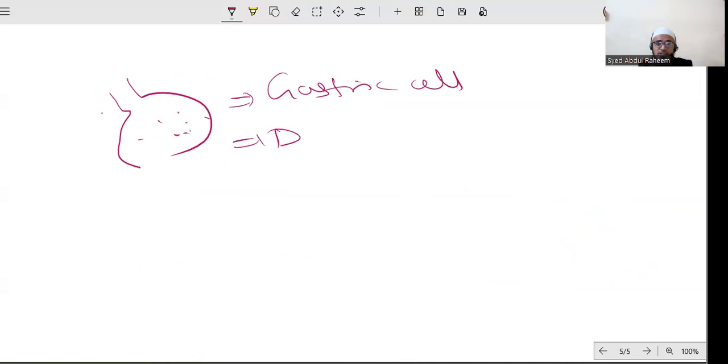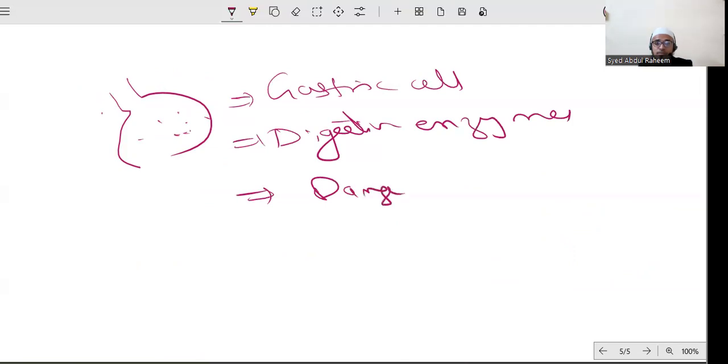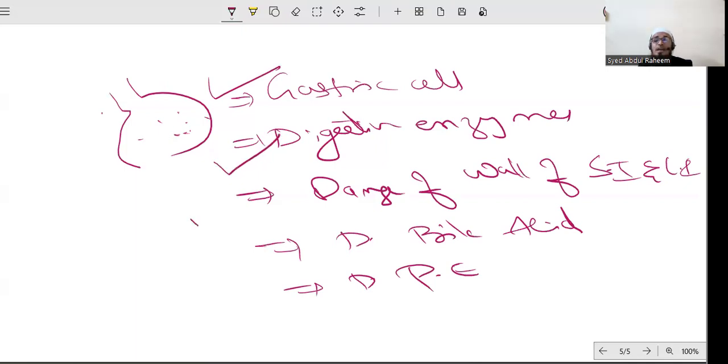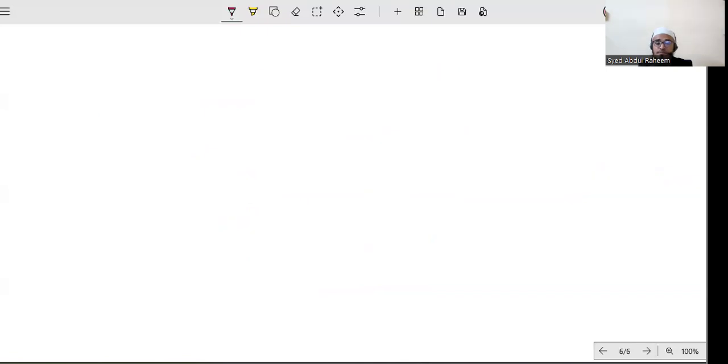First is lack of digestive enzymes, and damage of the wall of the small intestine and large intestine, or deficiency of bile acid, the deficiency of pancreatic enzymes, and decrease of good bacteria in the colon.